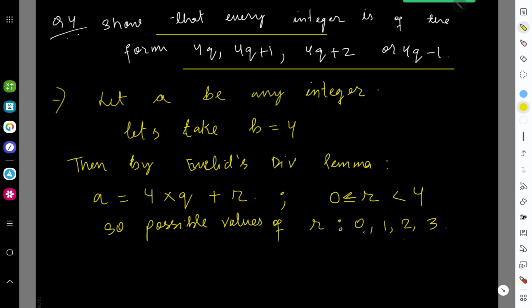First let us substitute 0 as r, then our a will be 4q plus 0, that means 4q.